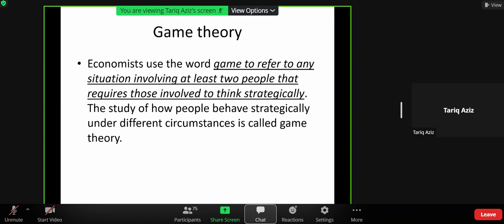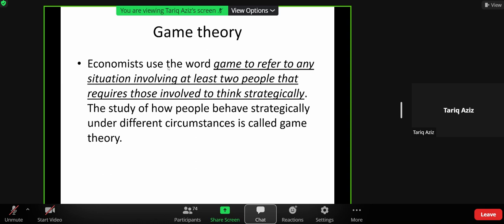This is a particular branch of study in economics, where different games are designed, and the behavior of the players in that game, and how equilibrium is achieved, whether they are cooperating with each other or competing with each other, is analyzed. In a similar spirit, we can analyze an oligopoly market using game theory.